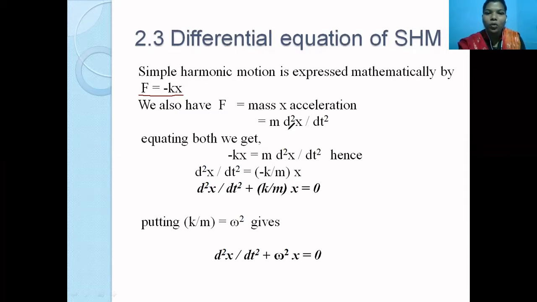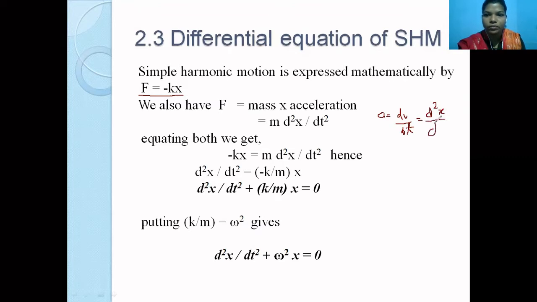Now, I can write acceleration a as the time derivative of velocity, or I can also write it as the double time derivative of displacement, d2x by dt square.